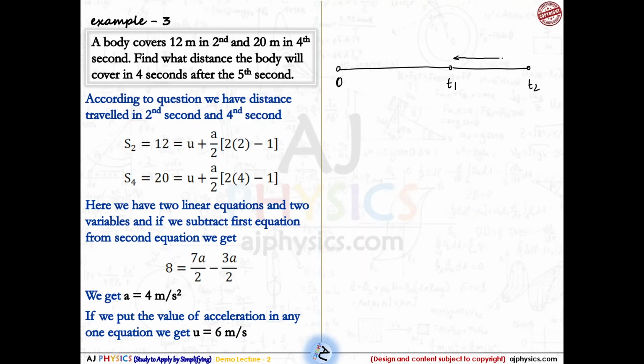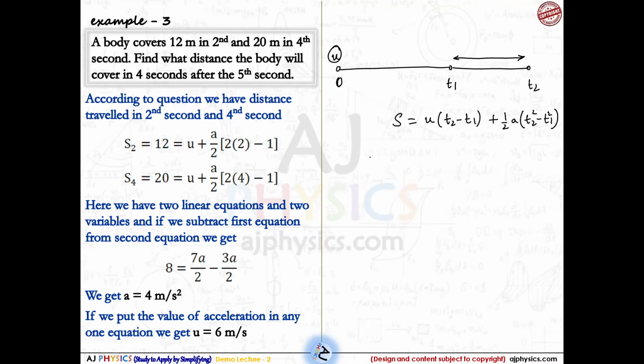So if you want to find the distance between t1 and t2, if the initial speed is given here at time 0, okay, this is important, initial speed is always at time 0, so you have to suppose it here. Now if you have to find the distance between t1 and t2 in the motion, this will be s is equal to u multiplied by (t2 minus t1) plus half a (t2 square minus t1 square).